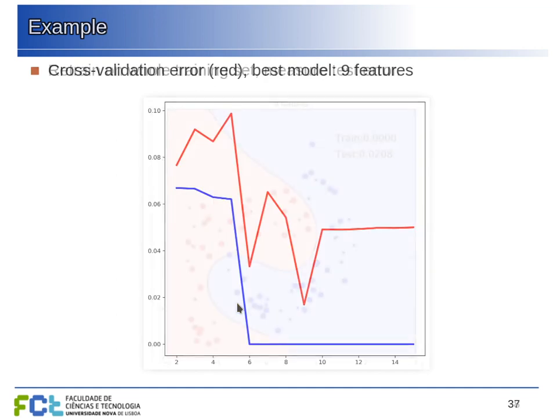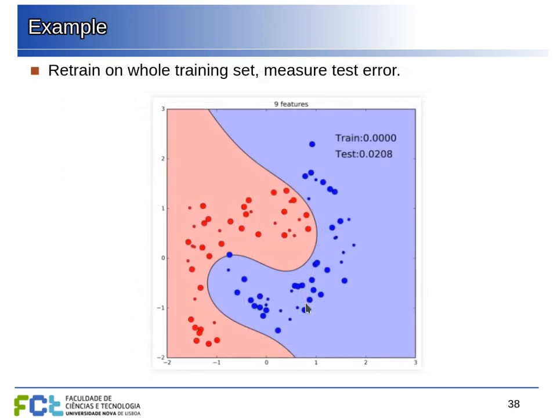So once we get the best model here, this error is actually the average of 10 different hypotheses trained with 10 different subsets of data from the training set. But now we take the whole training set and retrain the model with it. So we are using the 9 features and the complete training set to train the model, and we can now estimate the error outside the training set, so the true error, using the test set.